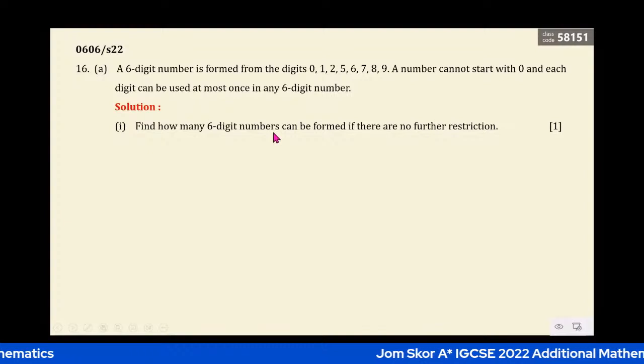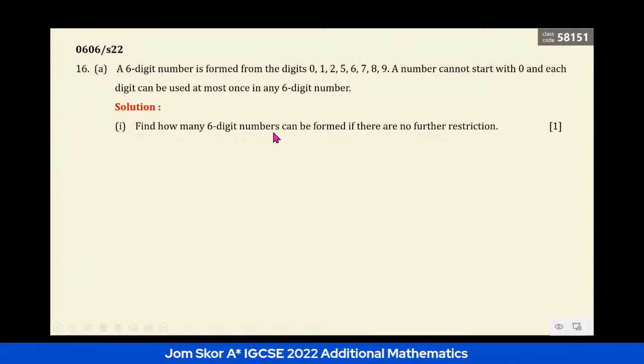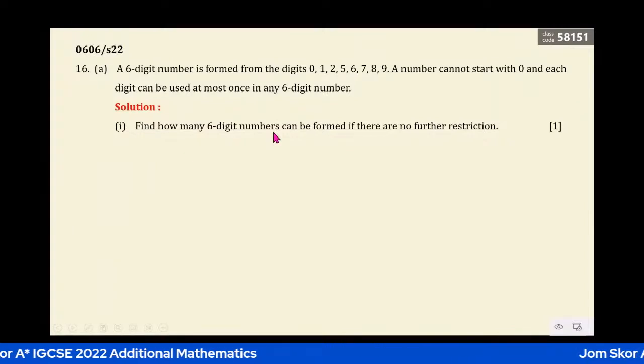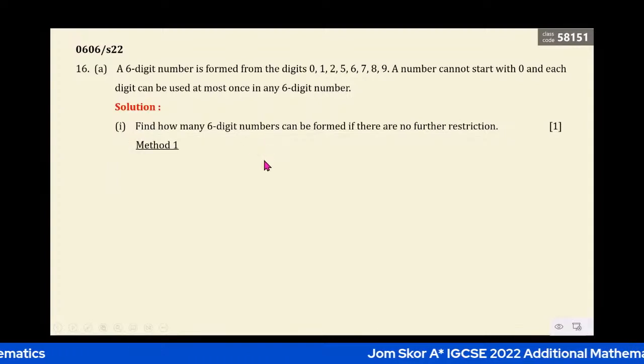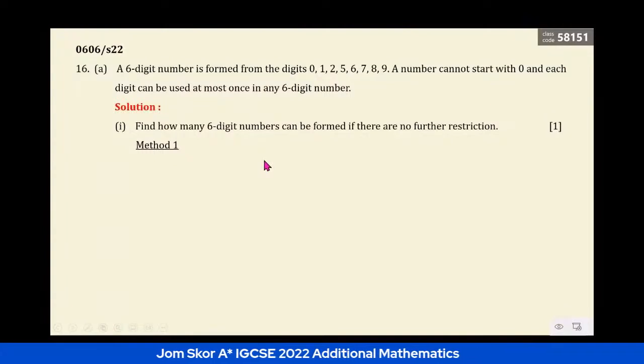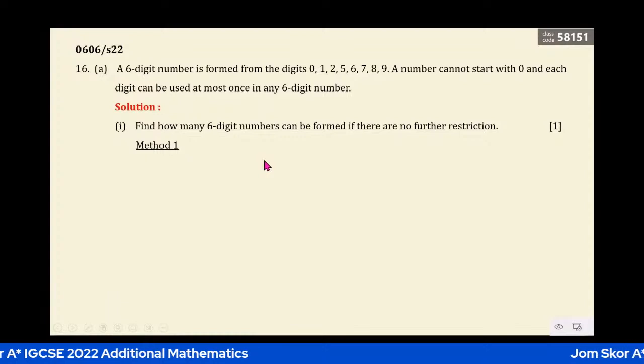Maksudnya susunan tu penting. Okay, so kita kena guna permutation. Okay, now bila kita nak buat soalan macam ni, alright, we can use method yang guna PP and PR tu kan. Okay, so that one I will use as method 1. So teacher will show you two methods. So it's up to you whether you want to follow another, which method that you want.